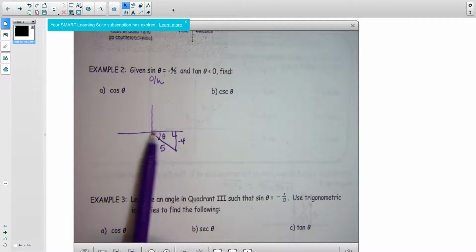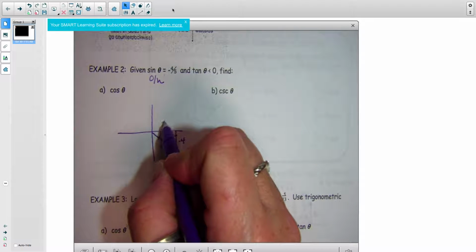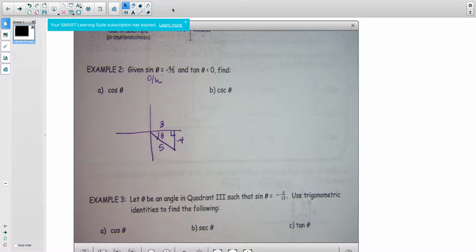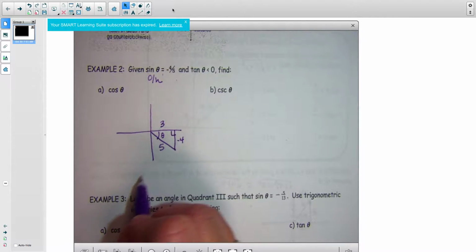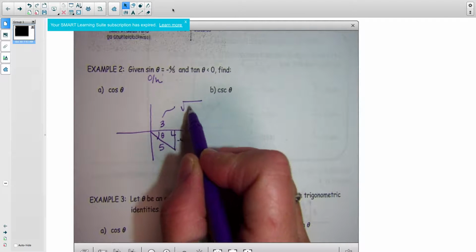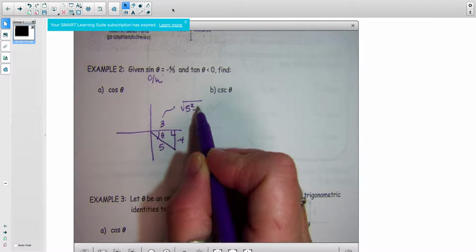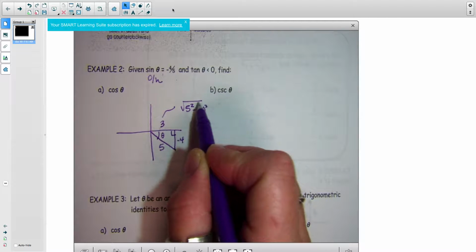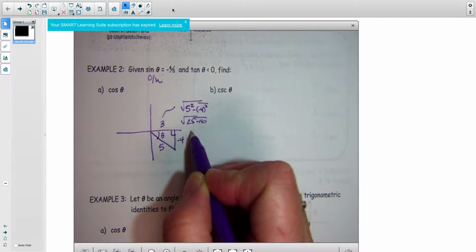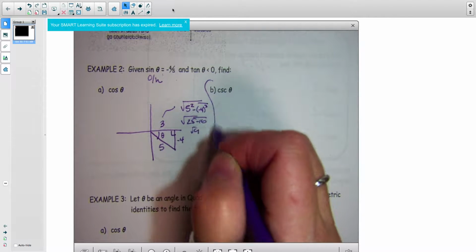And then what's this? Well, this is 3. How did I get that so fast? This is the Pythagorean theorem, but this is the 3, 4, 5 right triangle. And if you don't remember that, that's okay. This is just the hypotenuse squared minus the negative 4 squared, which is 25 minus 16, which is the square root of 9.